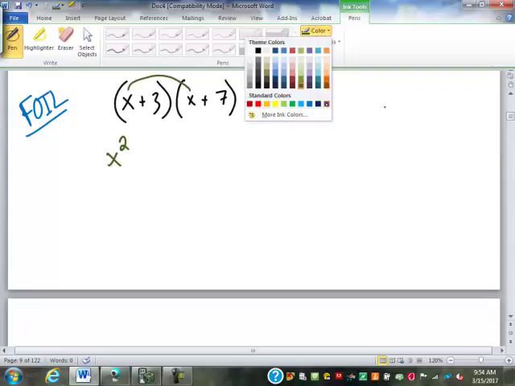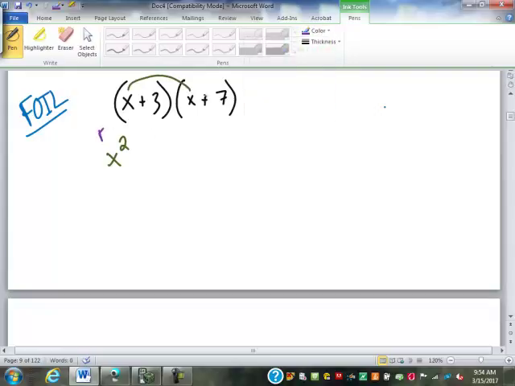So I'm just going to label that. That is the F. The O stood for outer or outside. So we multiplied the outside digits. X times 7, 7x. So that was the O of the FOIL.